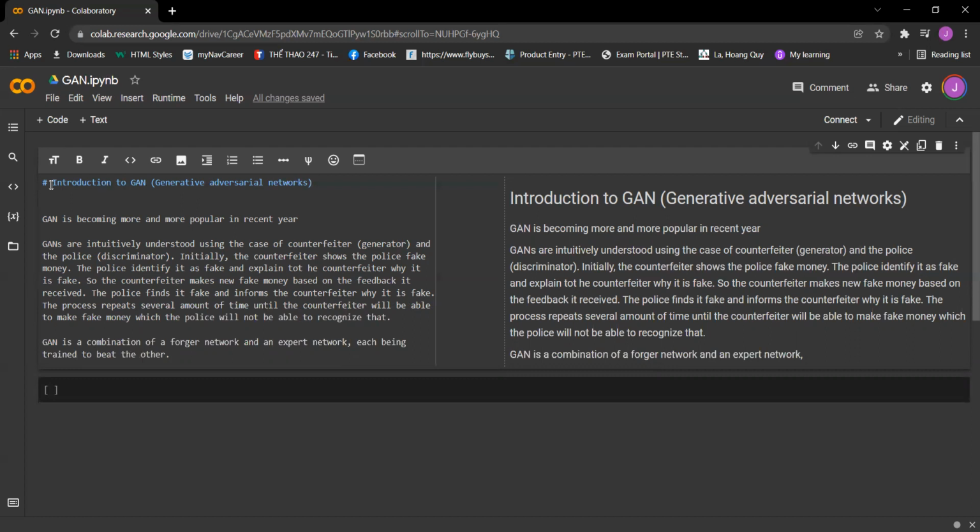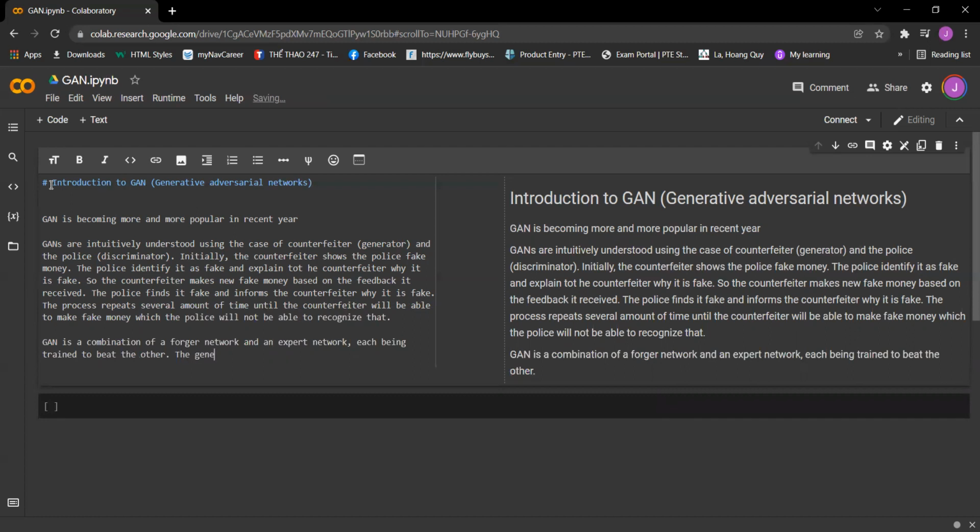The generator network takes a random vector as input and generates a synthetic image.